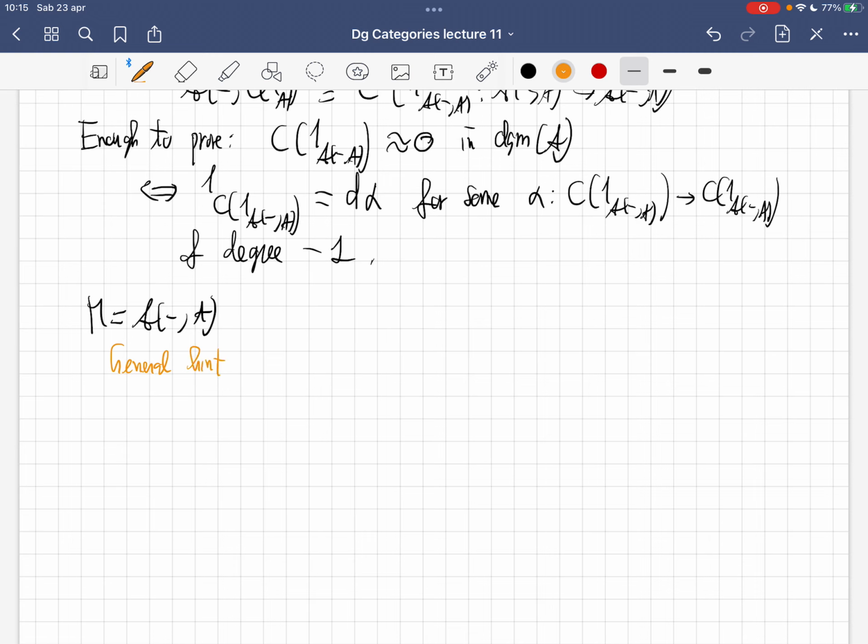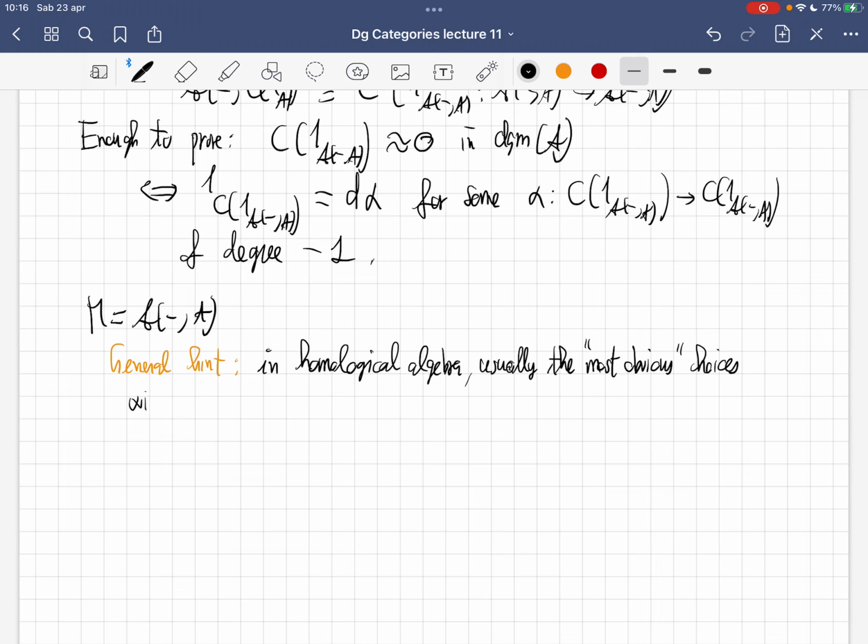This works in homological algebra in general, but also in category theory, at least in this kind of category theory. In homological algebra, usually the most obvious choices would work. So we need some alpha. What is alpha? It's a morphism of degree -1.